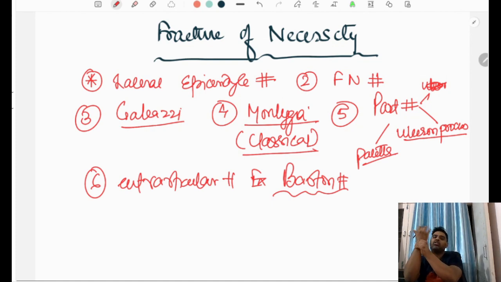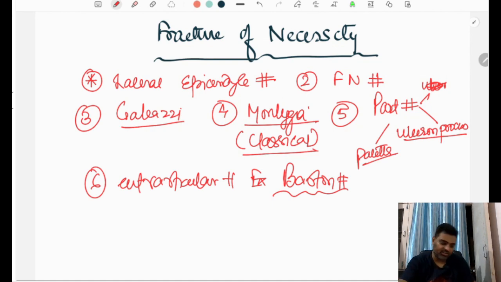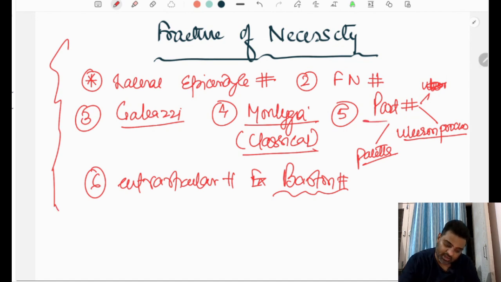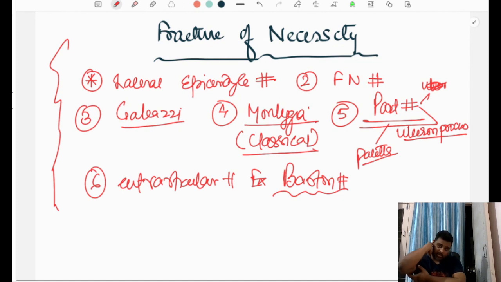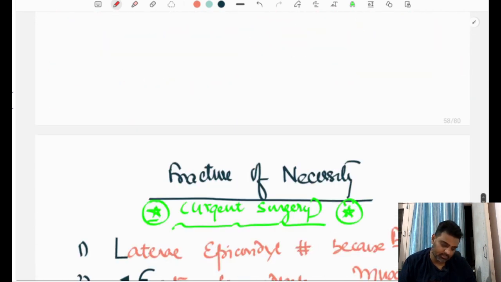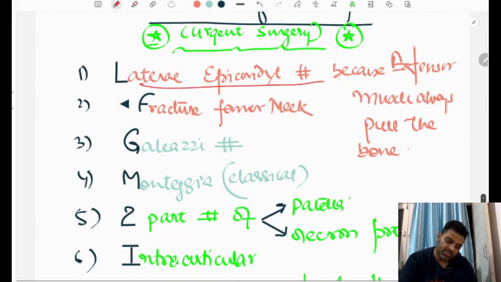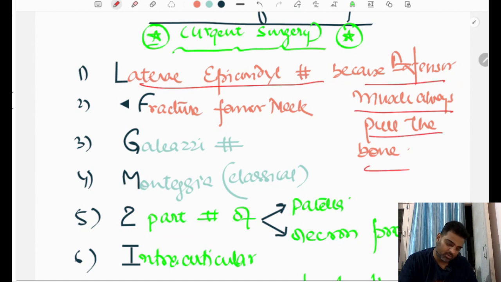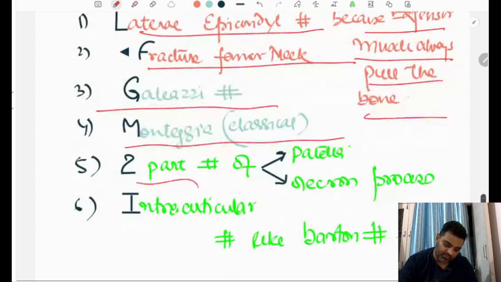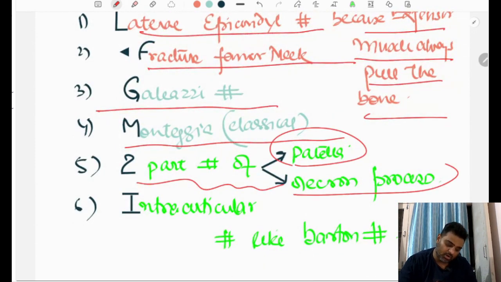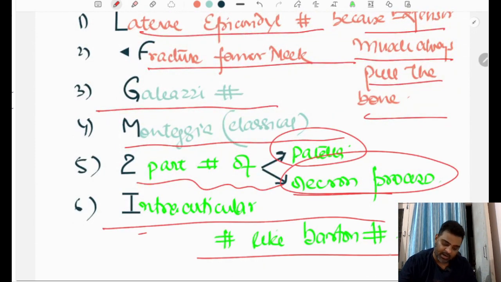This is an intra-articular fracture of the radius. So these are fractures of necessity. The olecranon process is also pulled by the triceps, so it is also a fracture of necessity, just like the lateral epicondyle, because extensor muscles always pull the bone. Fracture femoral neck, Galeazzi, classical Monteggia, two-part fracture of the patella, olecranon process, intra-articular fracture like Barton fracture.